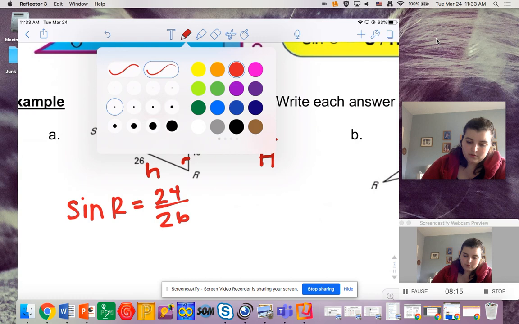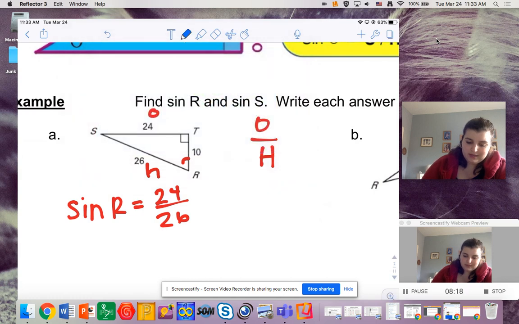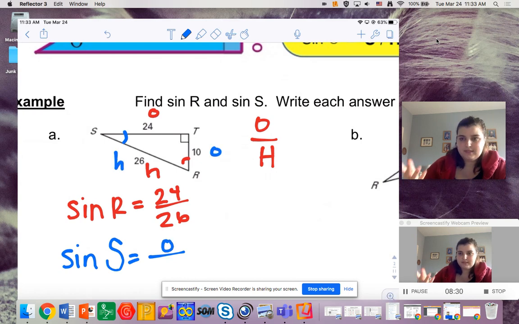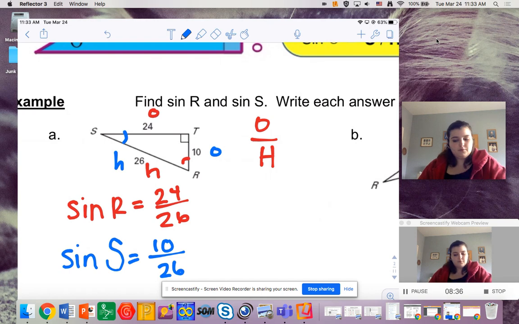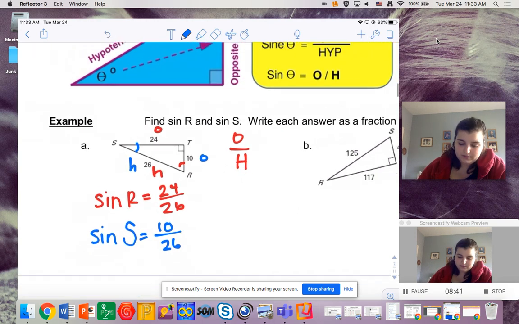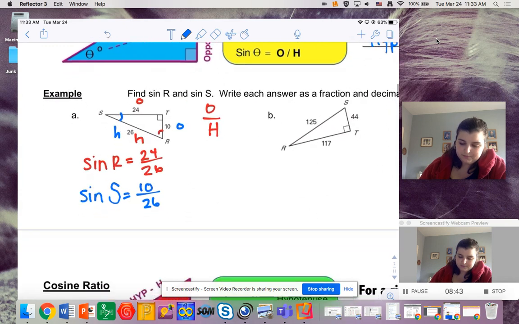The sine of angle S: opposite is the 10, and hypotenuse always is the same because it's that longest side, 26. Oops, 10, not 0. Okay, I'm going to leave B for you to do on your own. You can pause this video as much as you need to.